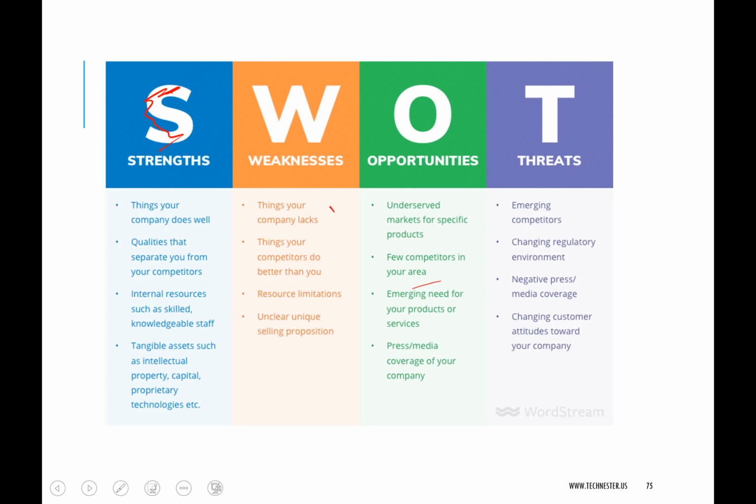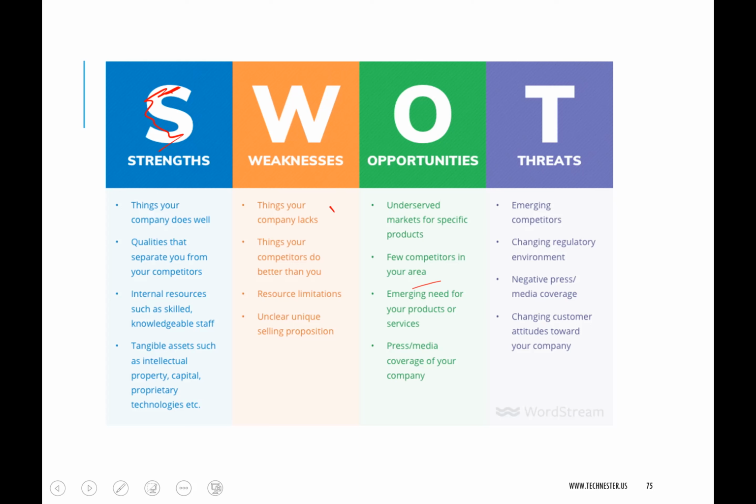It may be changing policy. Maybe there's going to be regulatory changes. Government is going to change a policy. That may be a threat to your business. It may be negative press. That may be a threat, potential negative press or pending negative press. It may be changing customer attitudes. So threats may be diverse.